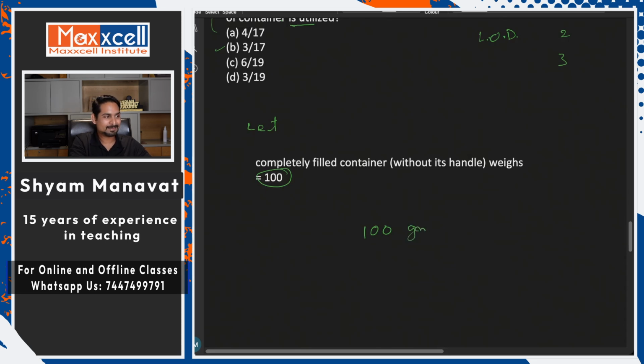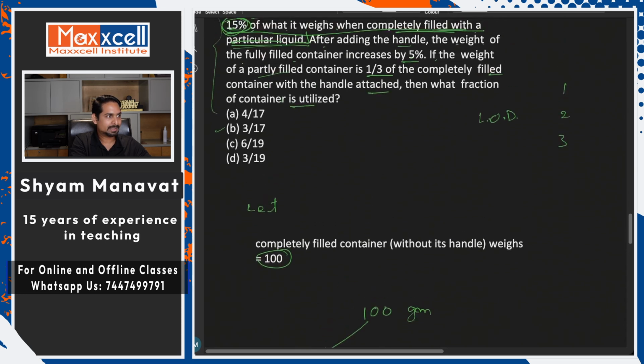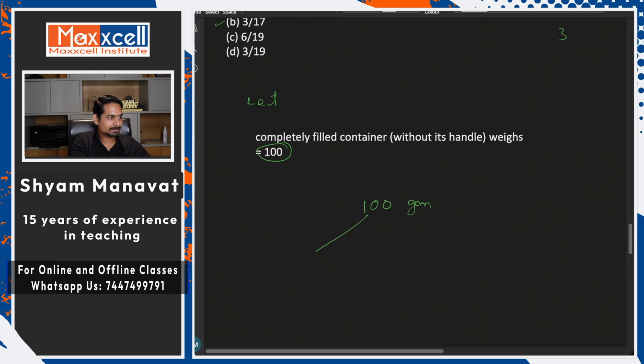Out of this, 15% is only the empty container. That means the empty container should be 15 grams. That means the liquid weight should be 85 grams. Do you agree with me? This is the container and this is the liquid.